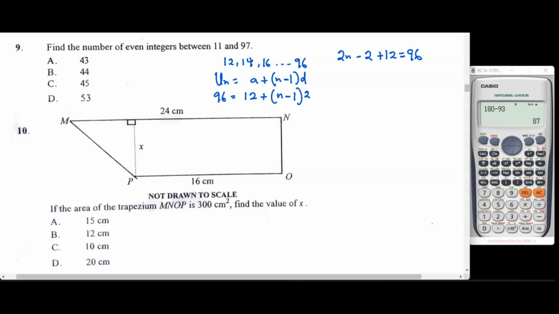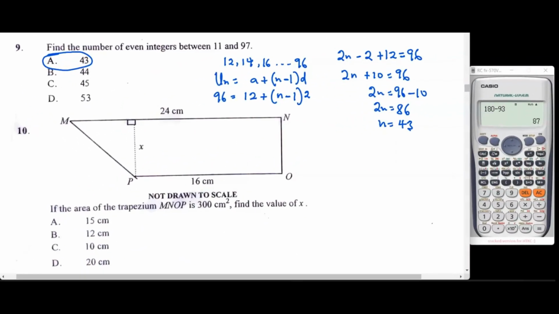So that is going to give us 2n plus 10 equal to 96. Transposing the 10, 2n is equal to 96 minus 10, and that is 2n equal to 86. Dividing both sides by 2, n will be equal to 43. So the answer to that is A. Good.